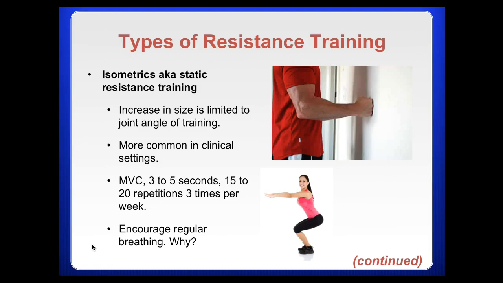We're going to see an increase in size that may be limited to the joint angle in this type of training. So if you want to really understand what is going on in this type of training, just go over to a wall near you and try to move that wall. So you're going to put your hands up against it and push as much as you can to try and move that wall.